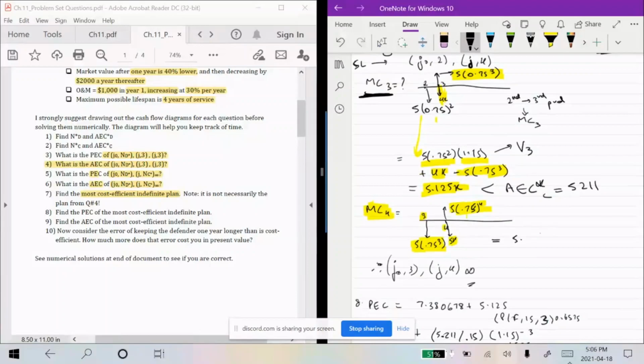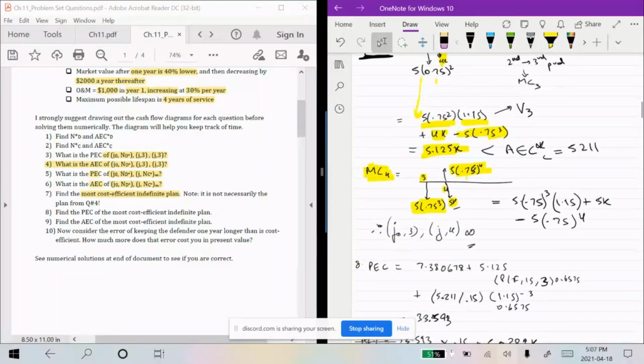So you use 5 into 0.75 cubed, and you take it forward by 1.15, all right, to bring it to V4, okay? And then plus 5K, that is the operating charges right here, and minus 5 into 0.75 raised to the power 4. All right.